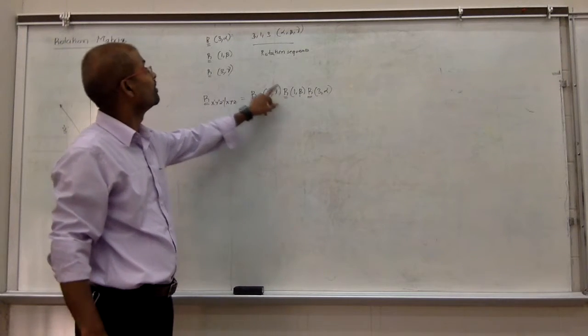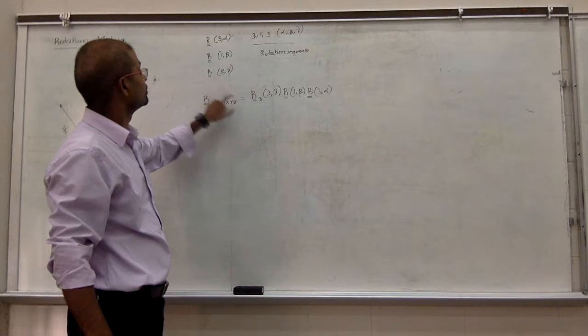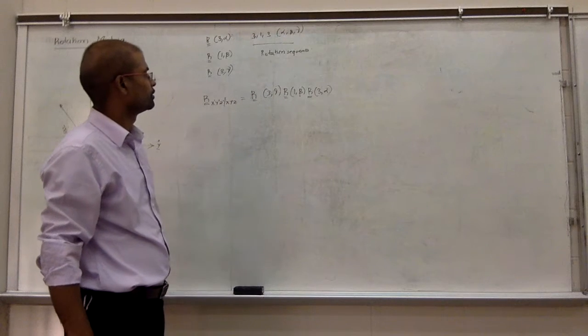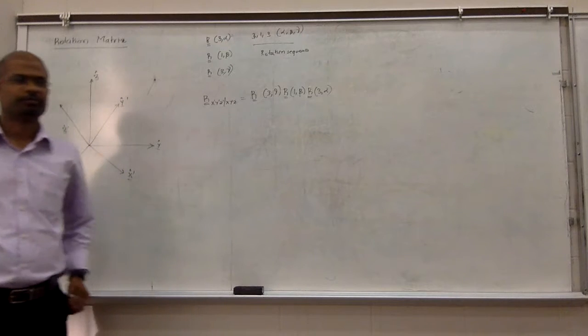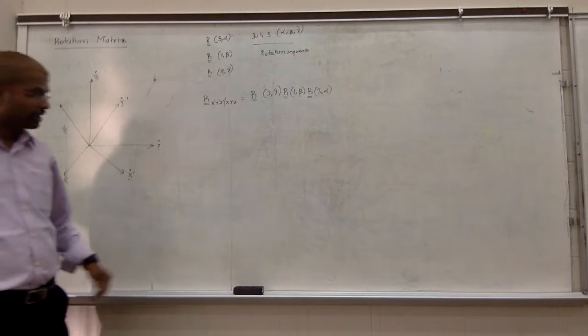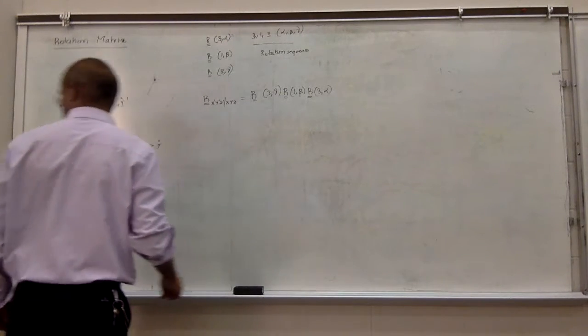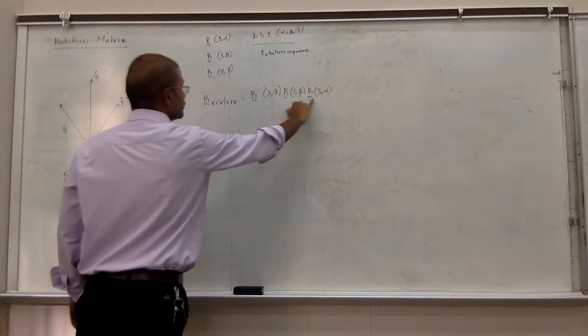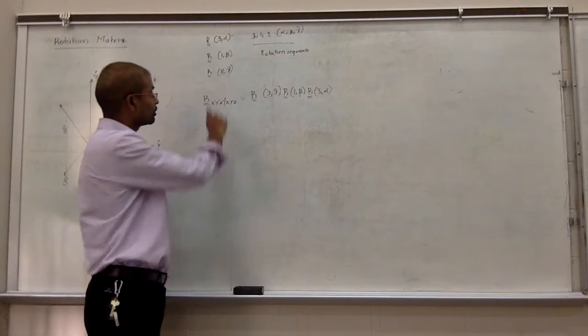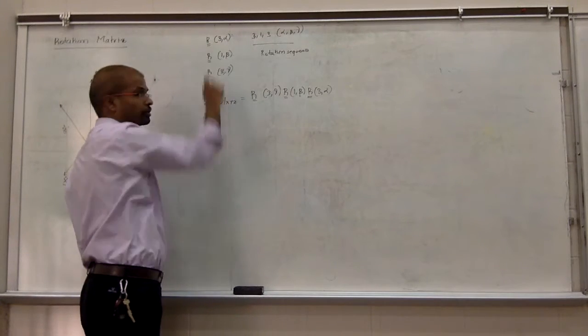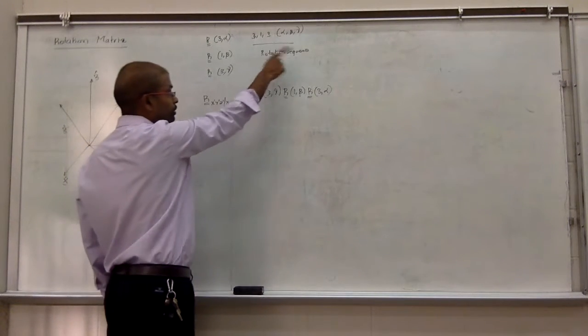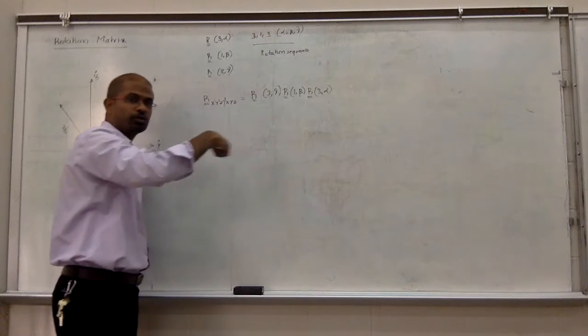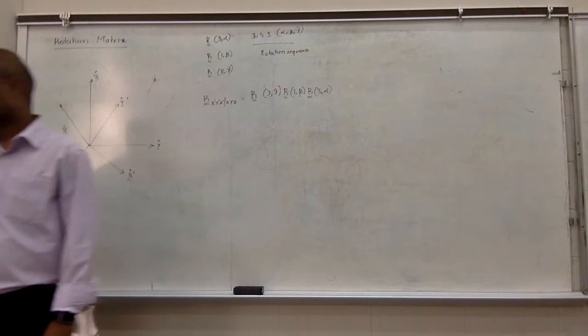The reason I had that was I wanted to make it clear that this is R3, the third rotation, then the second rotation, then the first rotation. So here also it is third, second, first. The rotation sequence is 1, 2, 3, but the multiplication sequence is 3, 2, 1.